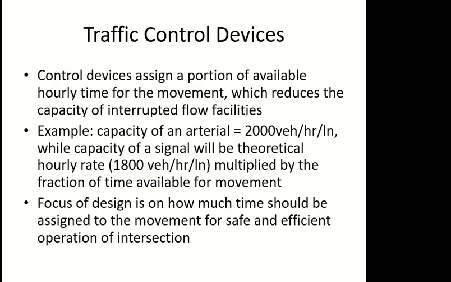It will be less, because some of the time has to be for the other movements. This is how the capacity reduces. And I have already told you that in the case of a signal, this reduction is higher. So this is the effect of assigning priority, that you are not able to make use of the complete time for all directions. But why are we doing it? For safety and efficiency. Safety is very obvious.